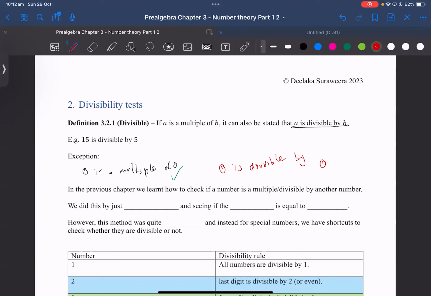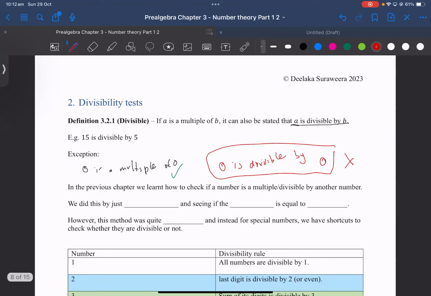A lot of mistakes people make are because they accidentally divide by 0 somewhere. That's a long time away, but the number one rule in maths is don't divide by 0. So you will never say something is divisible by 0. This is a very rare case, so you're probably not going to ever worry about it. But for all other purposes, multiple and divisible are basically the same thing.